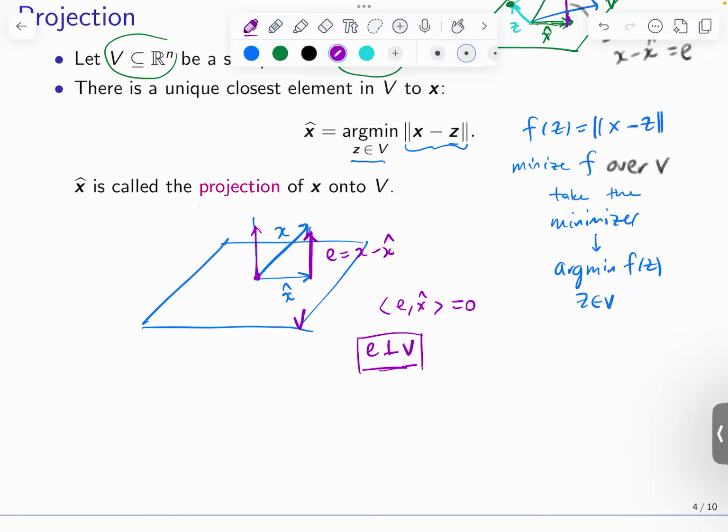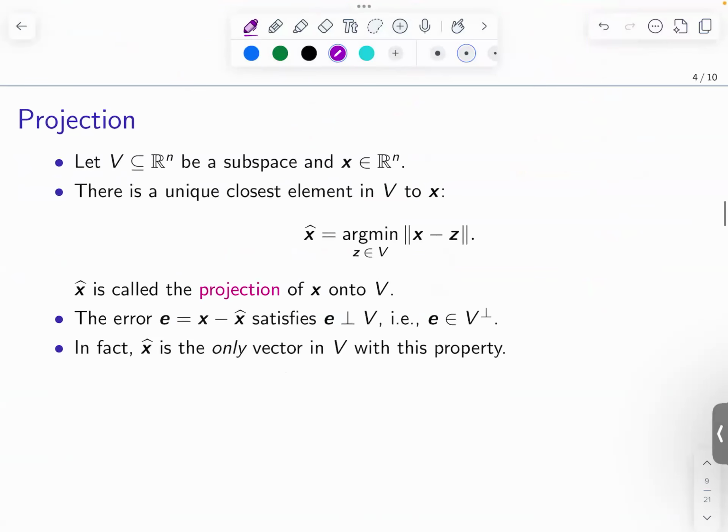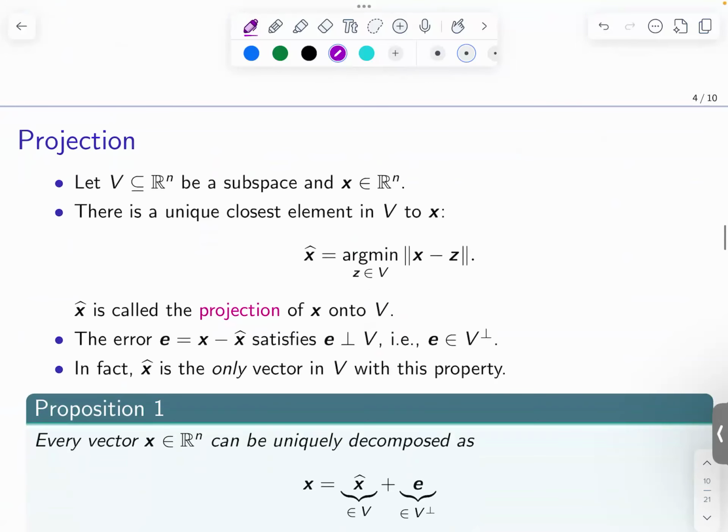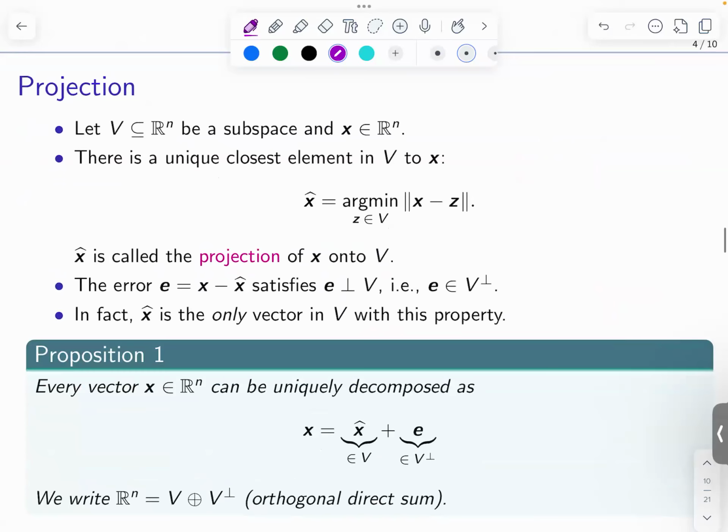The endpoint would give you the projection. So any other thing you can just prove. So basically the error X minus X hat satisfies this.